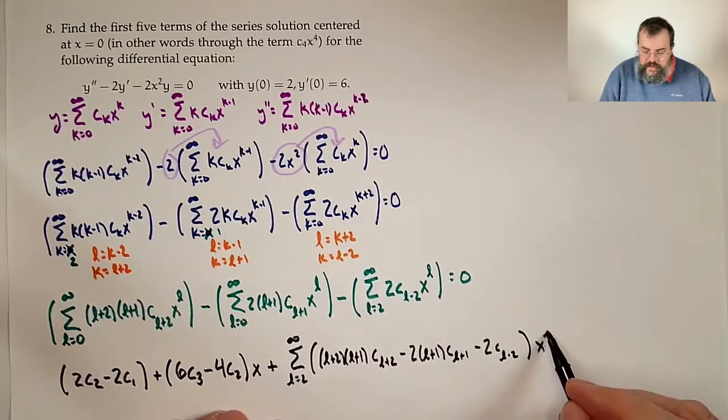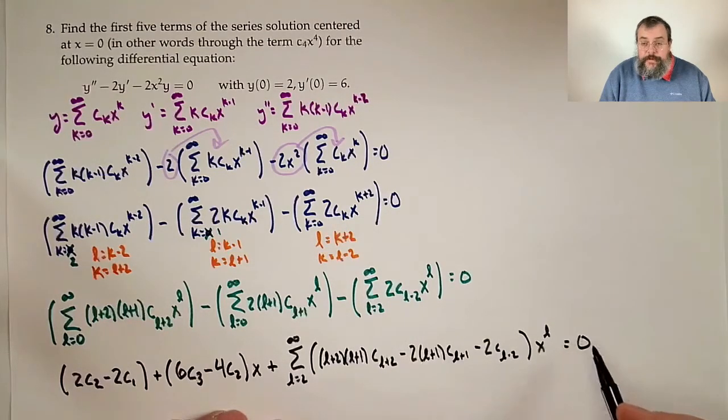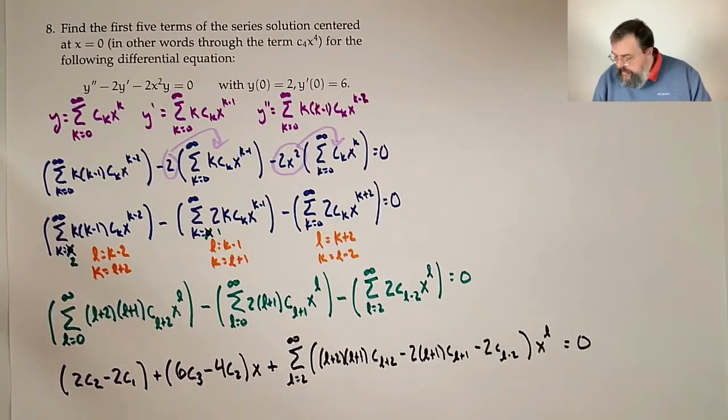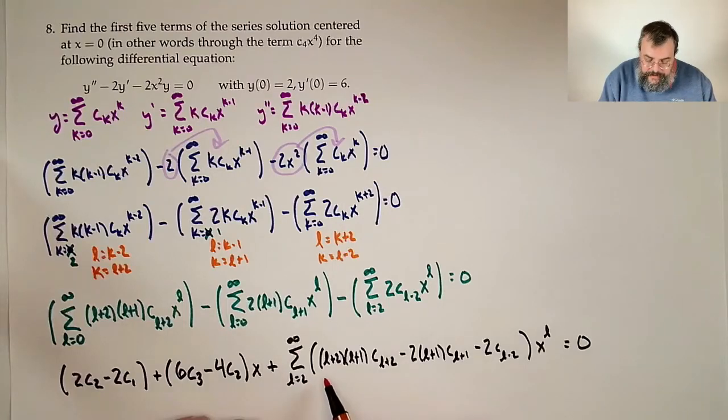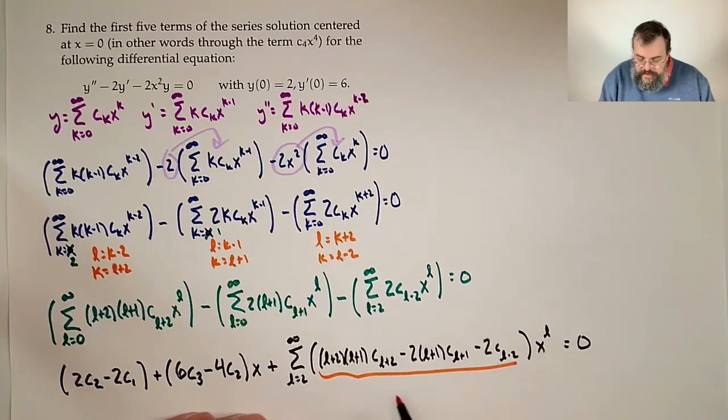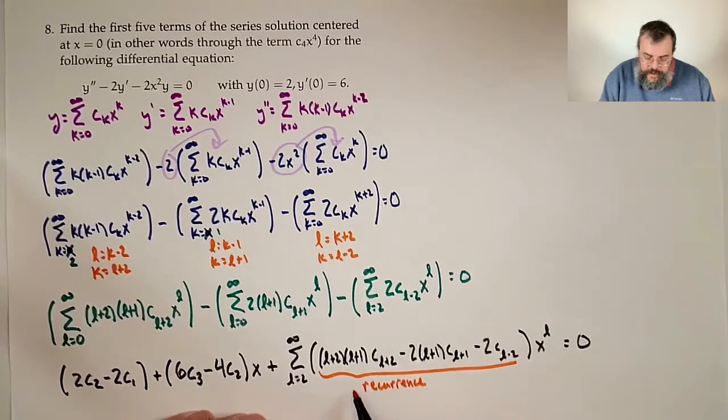And that's x to the L. All that equals 0. Now, some great news. This part here, this is our recurrence relationship. Well, almost. You probably would want to clean it up a little bit. But this is where we get it.